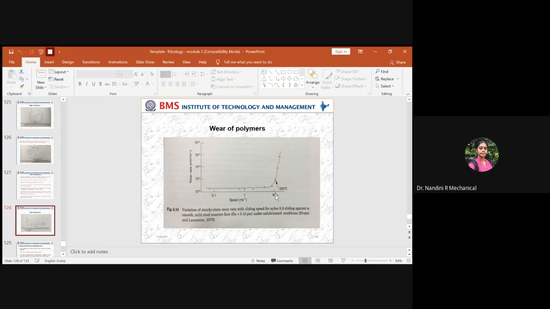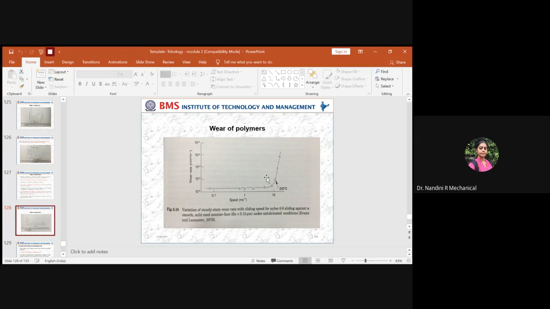But when you increase it to a high external temperature, the wear rate shoots up because it depends upon the melting point of the polymer, ceramic, or metal, whatever you are using. Based on that, the wear rate increases when it is not operated at room temperature.